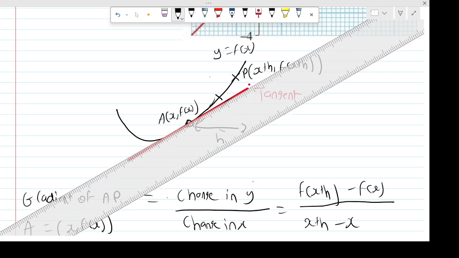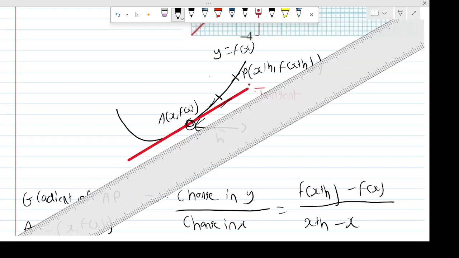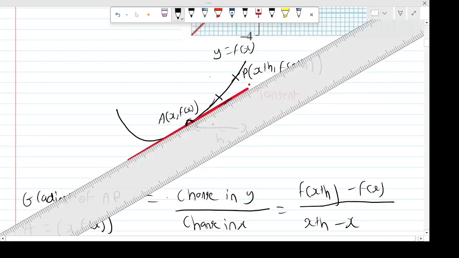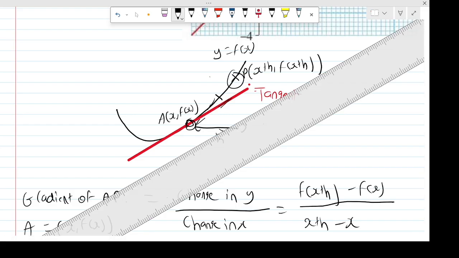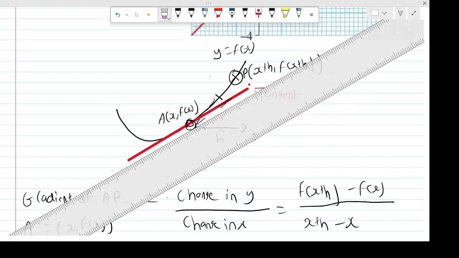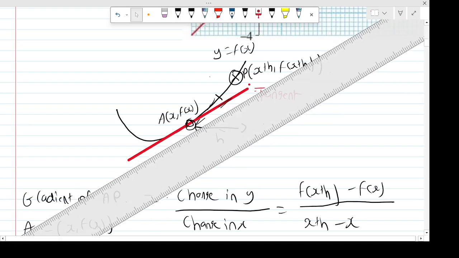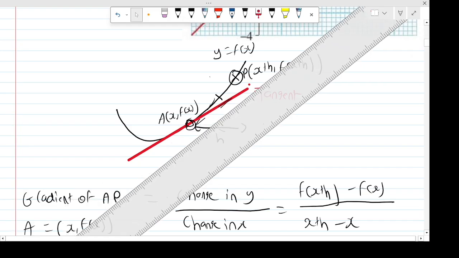And hopefully you notice there's a stark difference between P right next to A, and when P was far away originally. If P was over here again, it would have to look something like this.